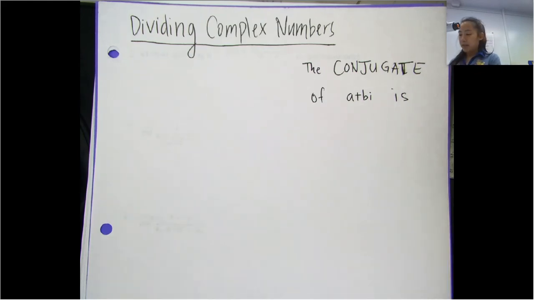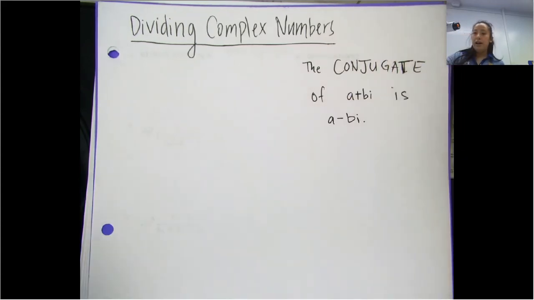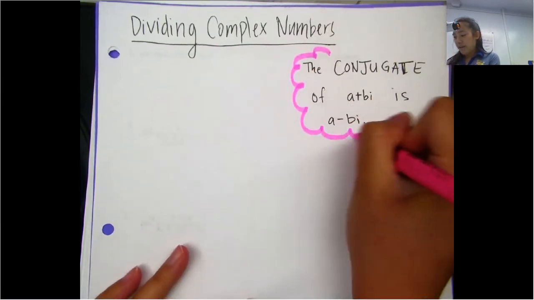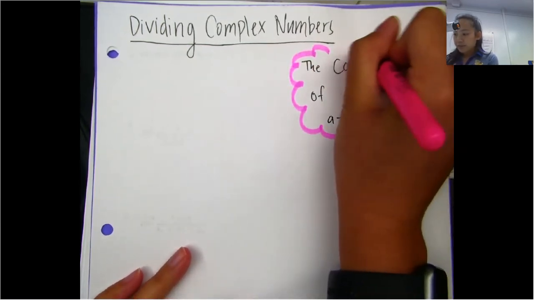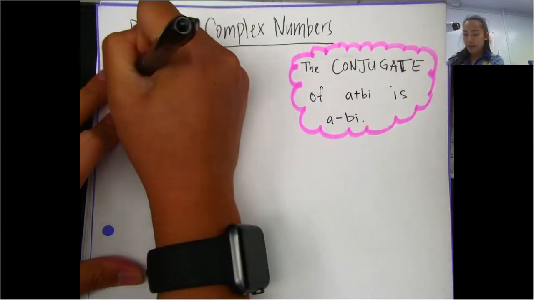And so this is like a two-way statement where you can say the conjugate of a minus bi is a plus bi, and the conjugate of a plus bi is a minus bi. Okay, so we're going to go ahead and do an example problem.